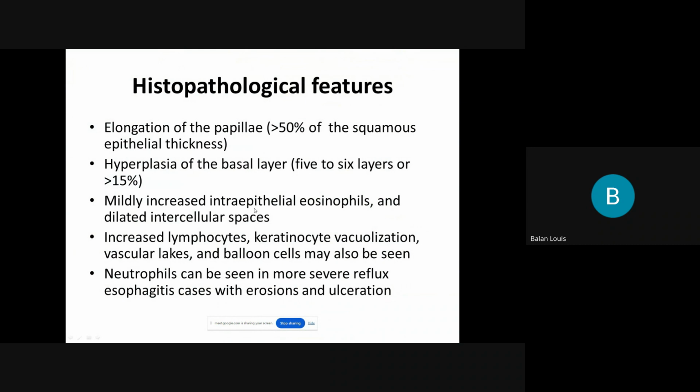In addition, you may get a mild increase in intraepithelial eosinophils with dilated intercellular spaces, which we call intercellular edema. We may also get an increase in lymphocytes, keratinocyte evacuation, vascular leaks, balloon cells, and so on. Whenever you get neutrophils, it is probably an indicator of very severe acute gastroesophageal reflux.